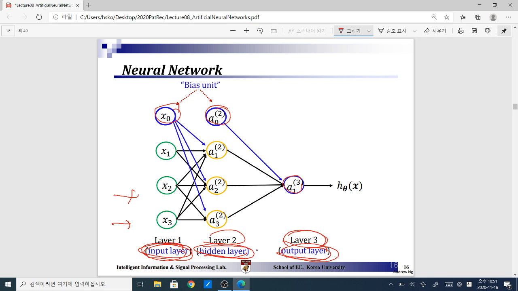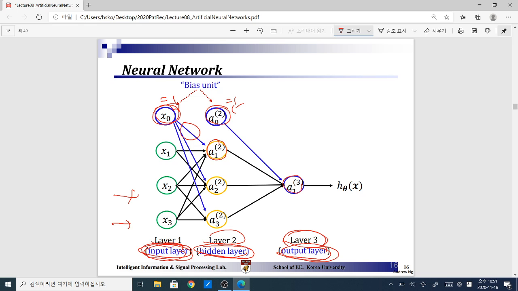For example, x sub 0 and a sub 0 are considered bias units. Typically the bias units are given a value of 1. What then becomes important is the specific weight value, the parameter connecting, say, x0 to the hidden layer neuron there.